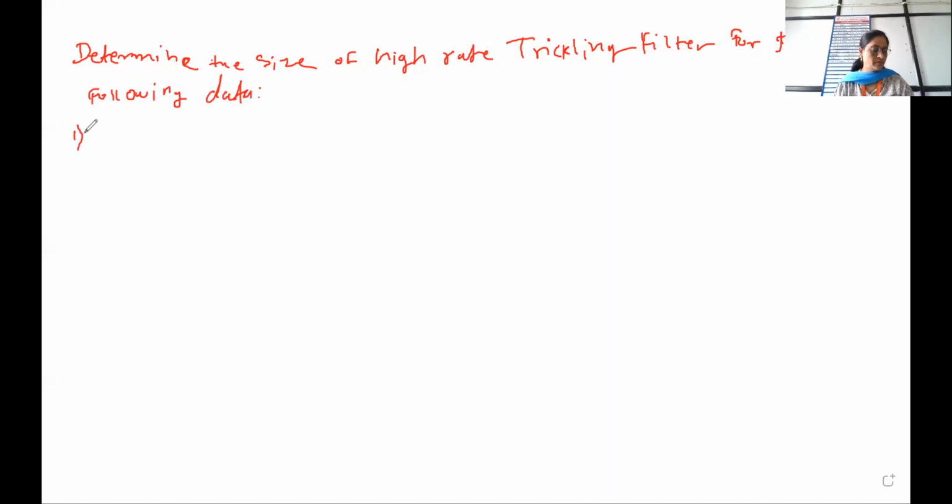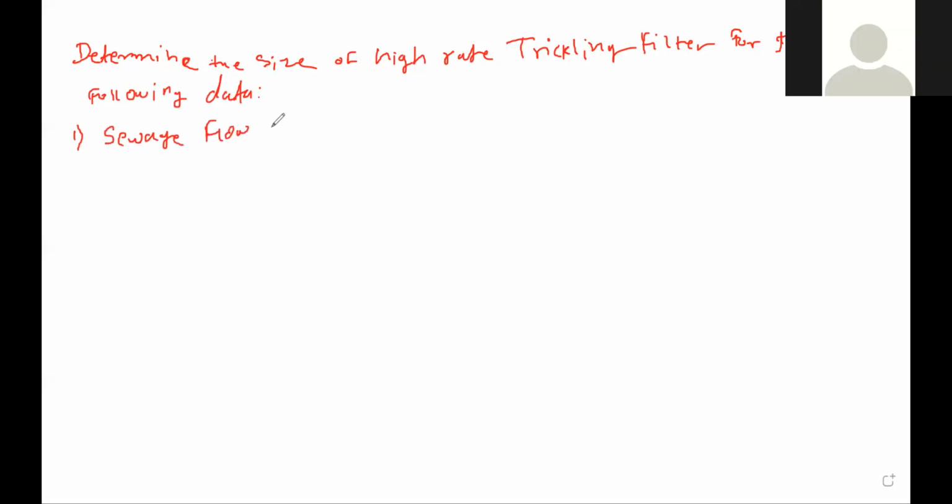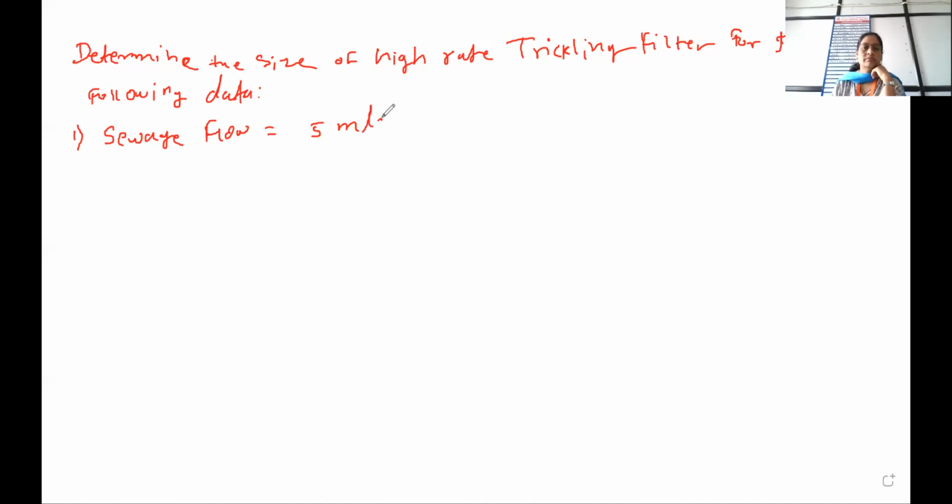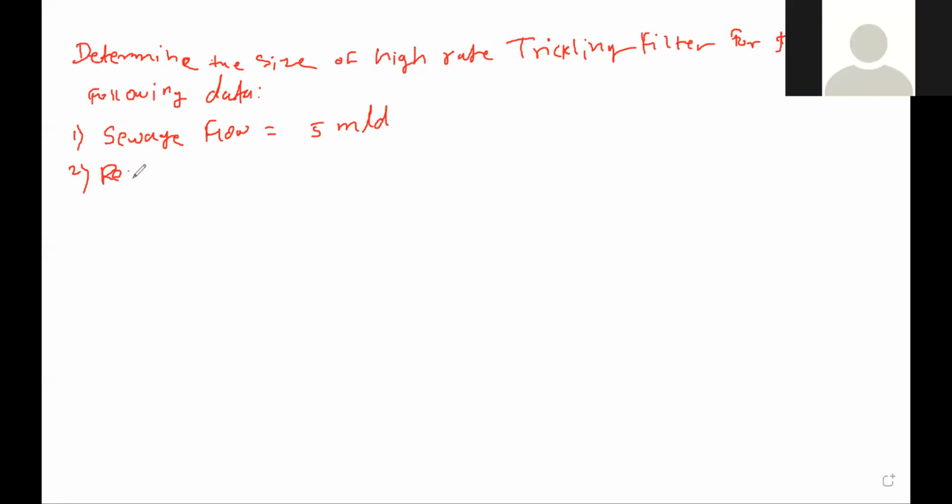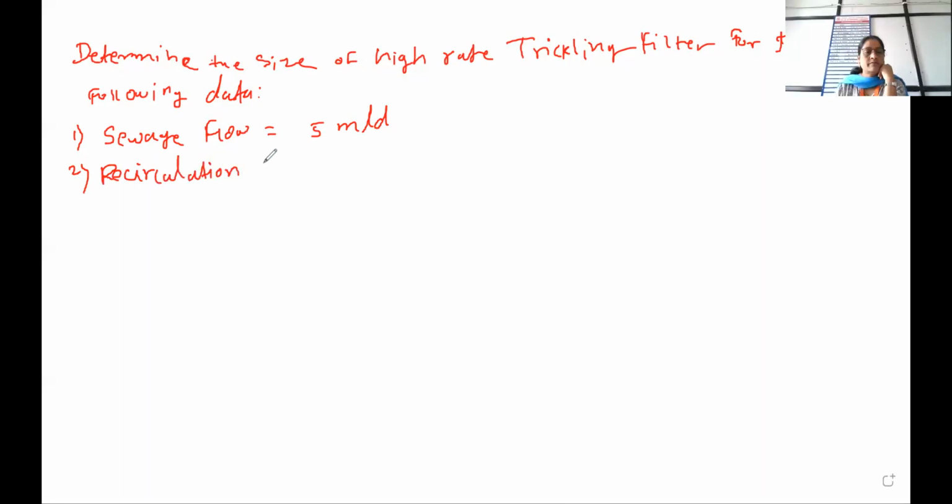Number 1, sewage flow is equal to 5 MLD. Then recirculation ratio is 1.5.